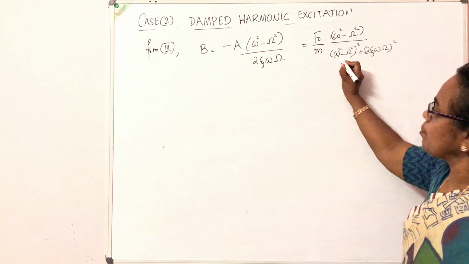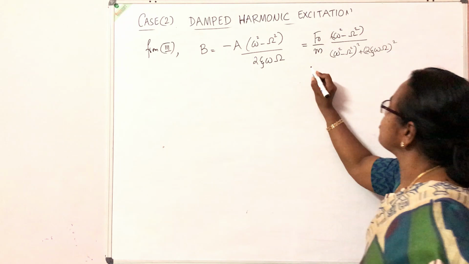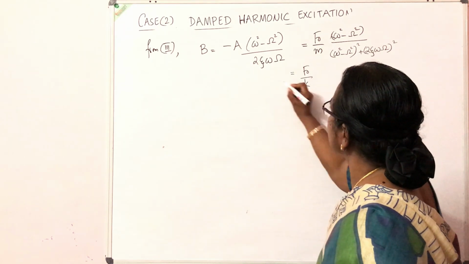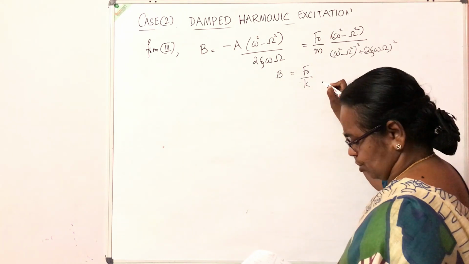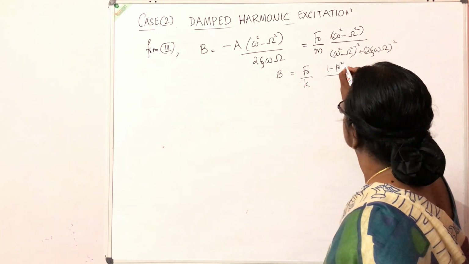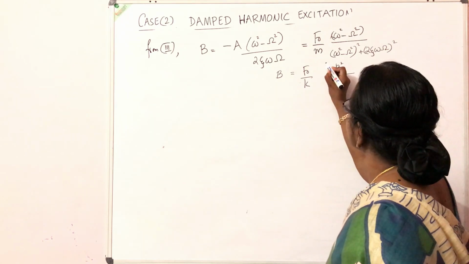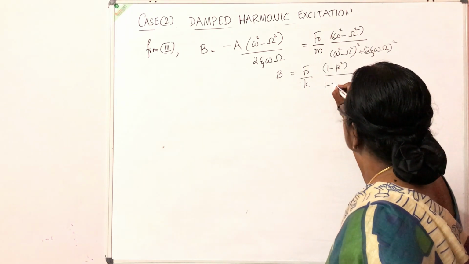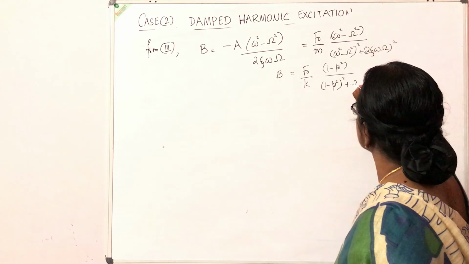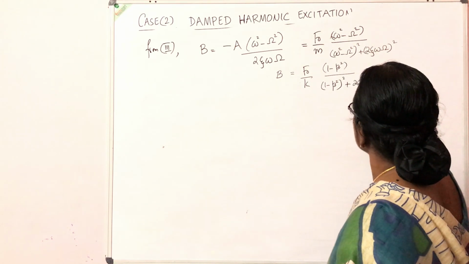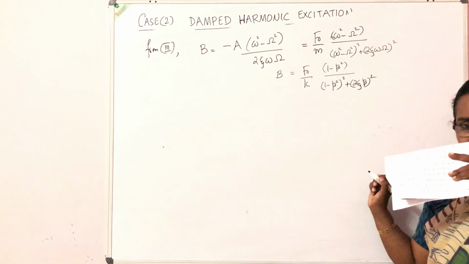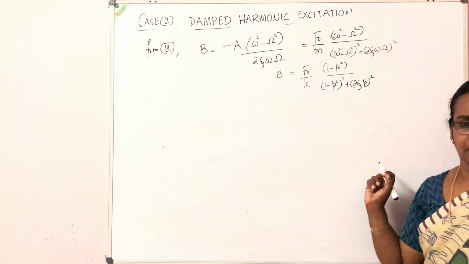Or similarly, taking omega square outside, F0 by M omega square is F0 by K. We'll get B is equal to F0 by K, (1 minus beta square) divided by (1 minus beta square) the whole square plus (2 psi beta) the whole square. So now we have got the constants A and B.